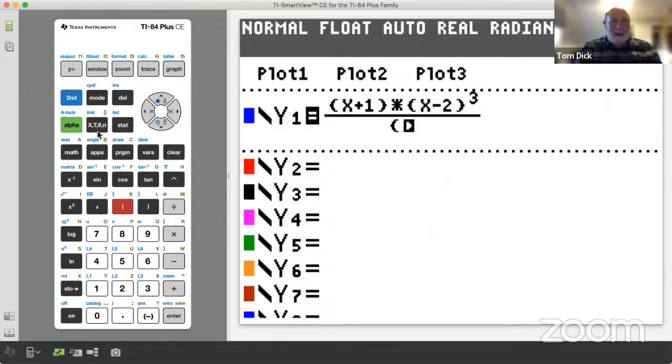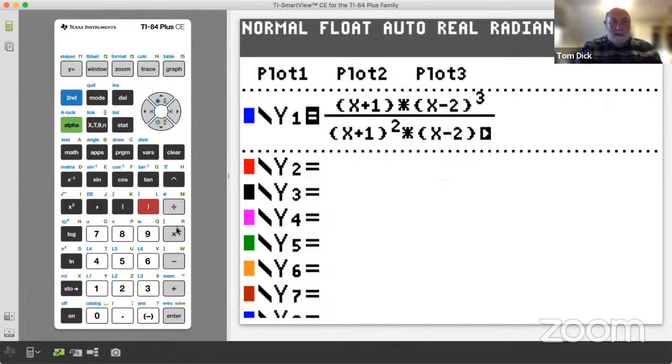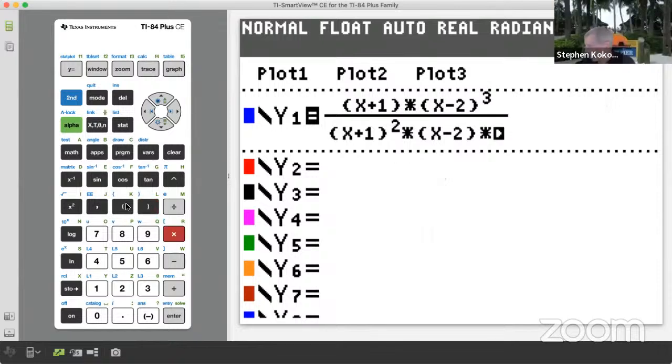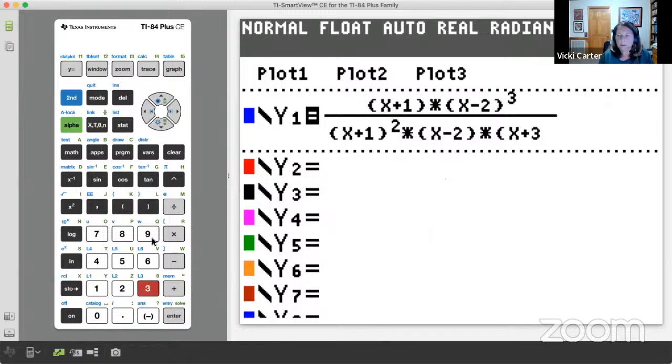There we go. x plus 1 squared, and then that's times x minus 2, and times x minus 3. Plus 3, plus x plus 3. Yes, thank you very much. Yep. Okay, there we go.